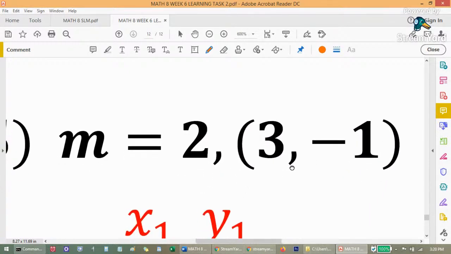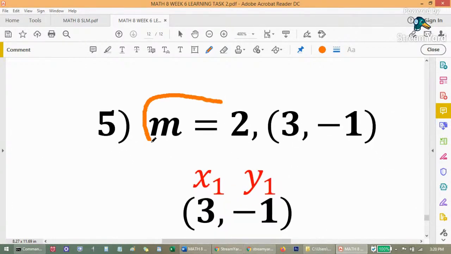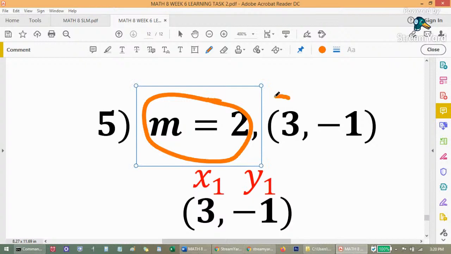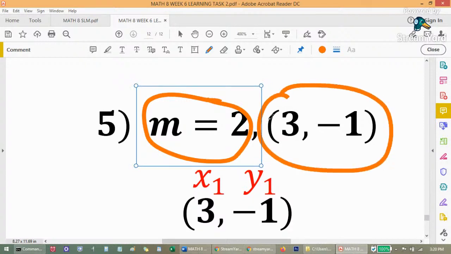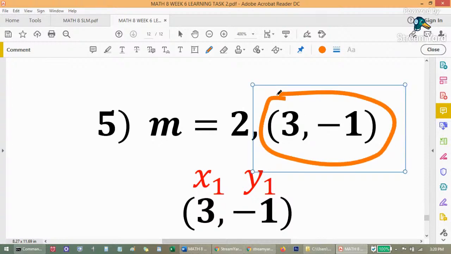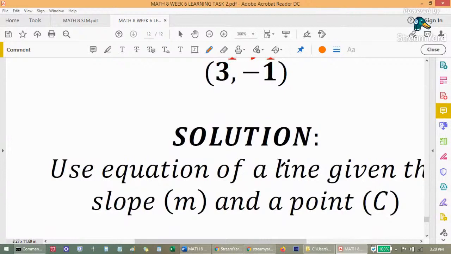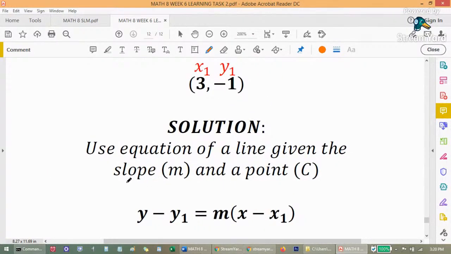So, makikita natin dito, meron tayong slope at saka isang point. Isa lang ang point natin. So, gagamit tayo ng slope and a point formula.